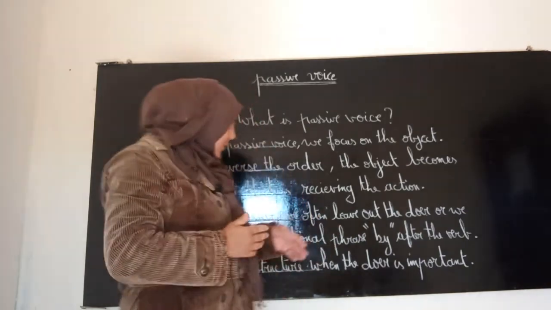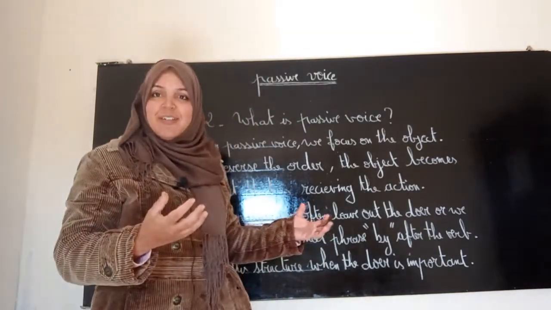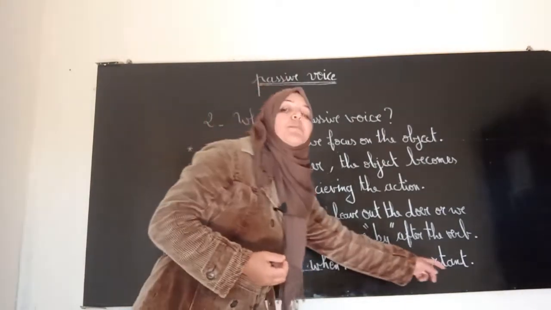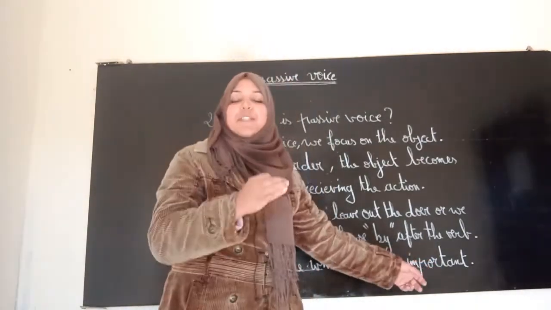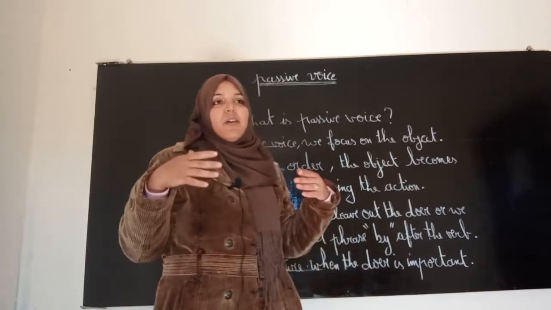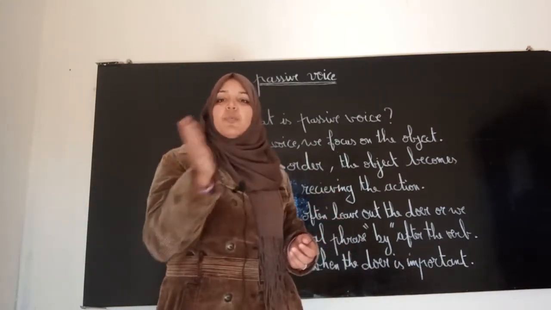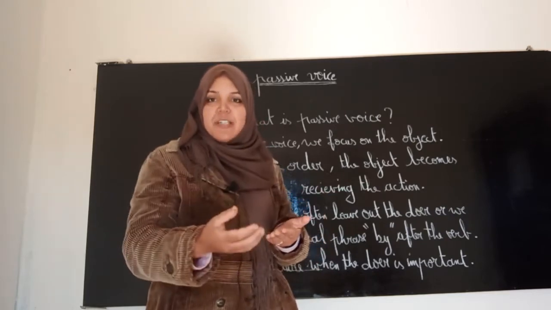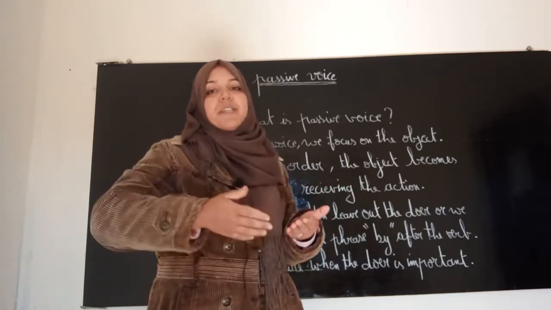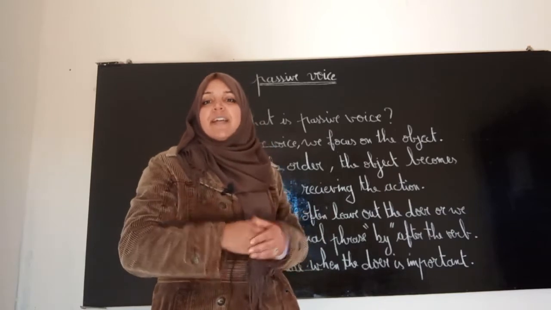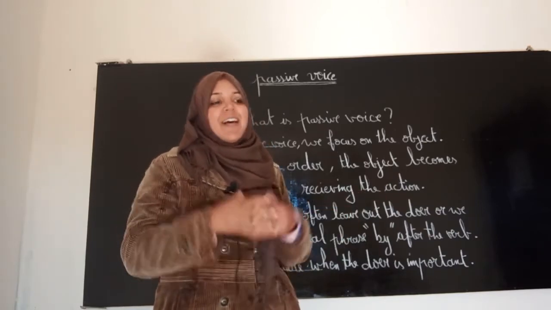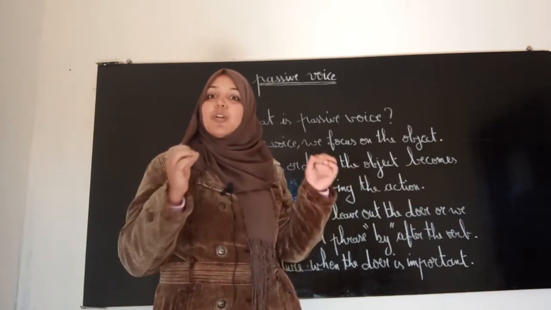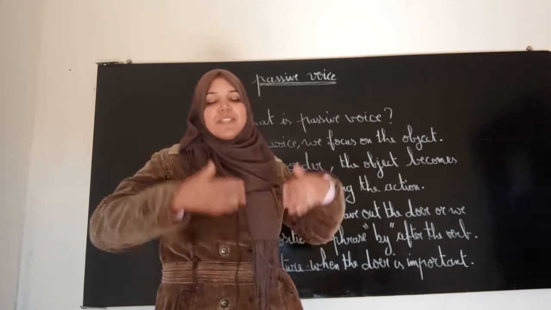Okay? We use this structure when the doer is what? Is important. Okay? But often we leave out or we take out the doer. Okay? But when the doer is important, we have to put it in prepositional phrase after the verb. Right? I hope it is clear, and let us move to some examples to illustrate more.